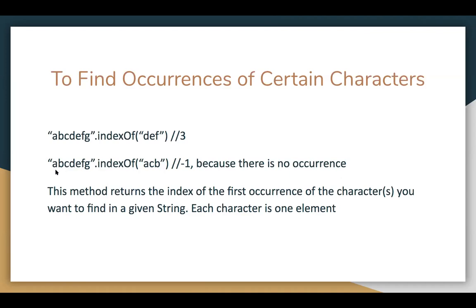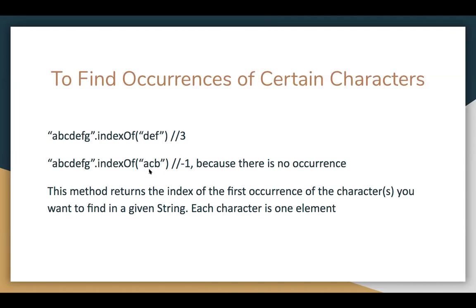In this one down here, you have the same string, indexOf, and this time we're looking for the string ACB. But you can see that it doesn't exist in here. There's no ACB here at all. There's an ABC, but not an ACB.